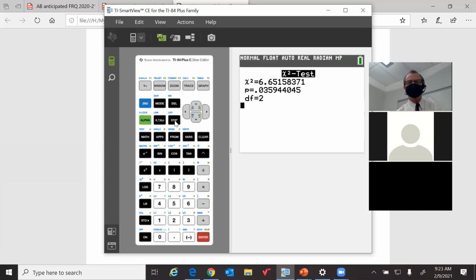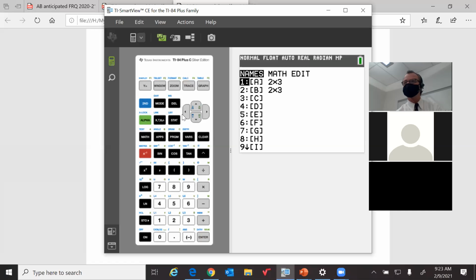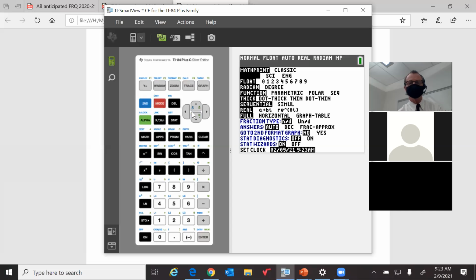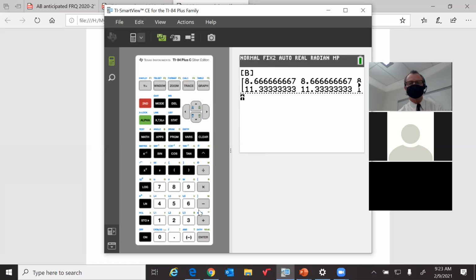Go to second quit. Matrix. Look at B, it just appeared there. Scroll down, type 2. There's matrix B. It's hard to read, so I'm going to go to mode. Let's just go to 2 decimal places for now. Second quit, second enter. There's the expected matrix.